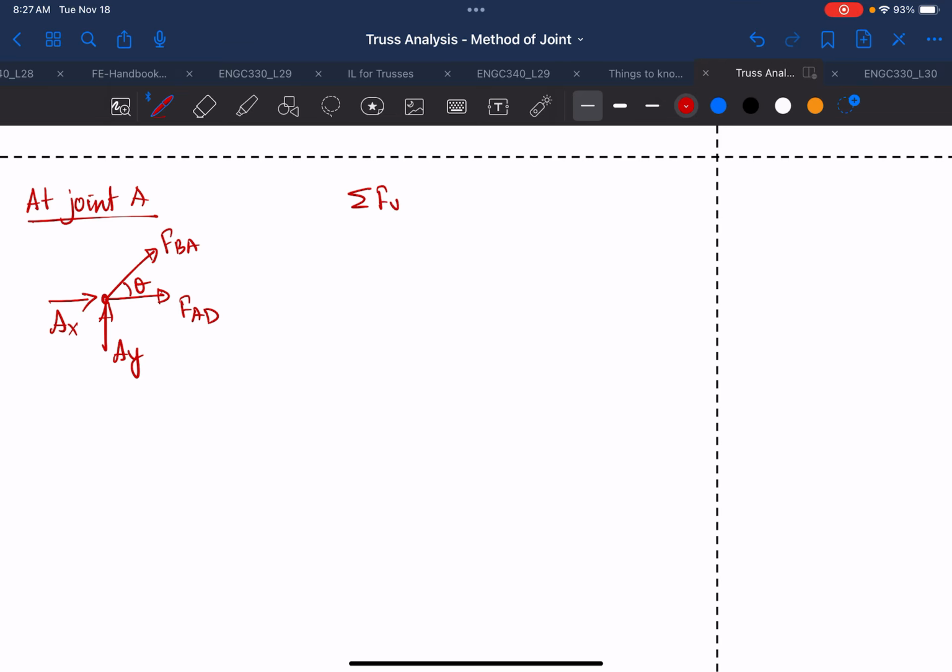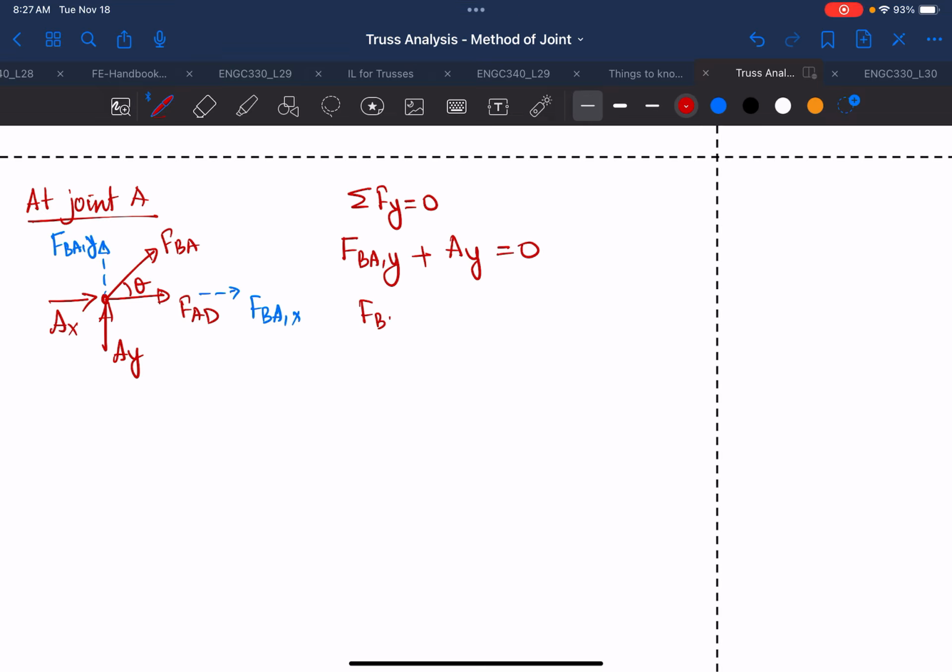So if you take the summation of Y equal to 0, you'll have FBAY plus AY, because FAB is an inclined force, so we can draw it by resolving it into x and y directions. So we have FBA y component, and we have FBA x component, and that will be equal to 0.